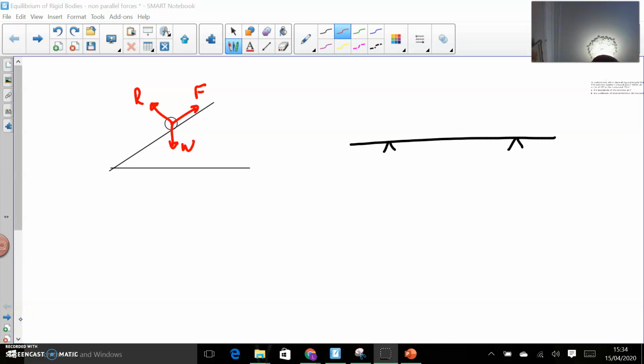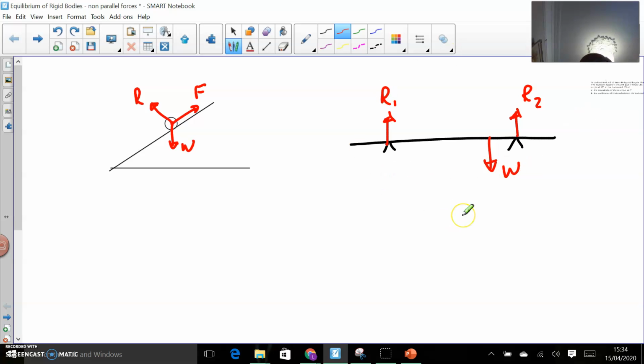And we've also considered the situation where you have a horizontal rod, where we have reactions here and here. Let's say that's R1 and R2, and let's say it's a non-uniform rod, maybe the weight is there.